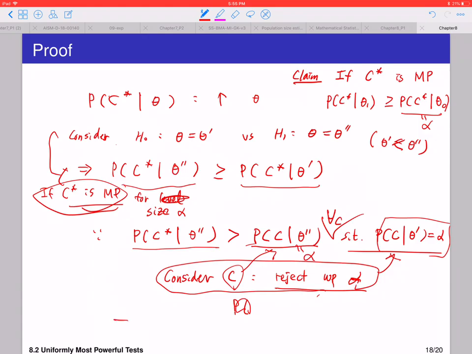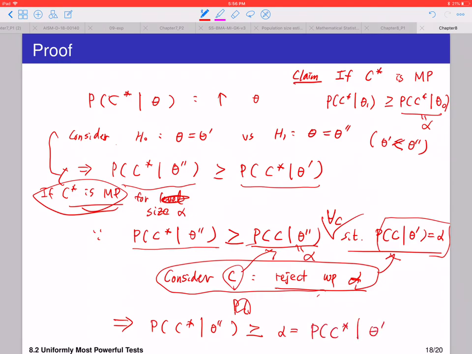So that implies that C star should be most powerful, greater than or equal to alpha, right? This is alpha, which is prime.